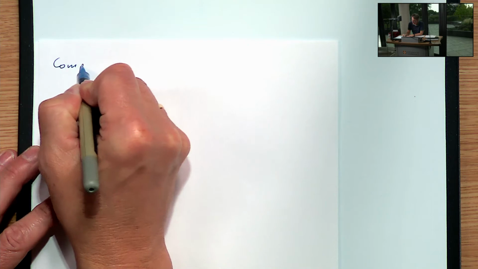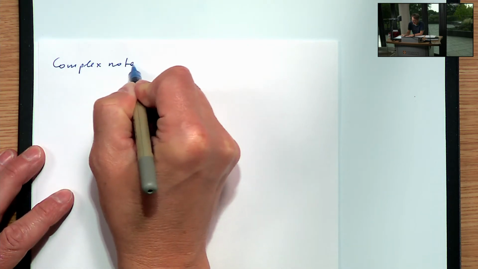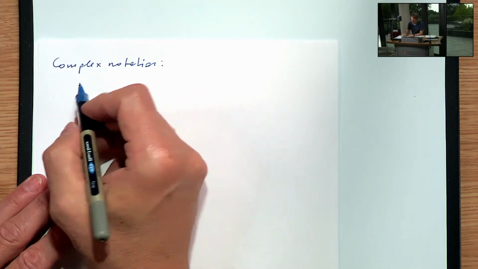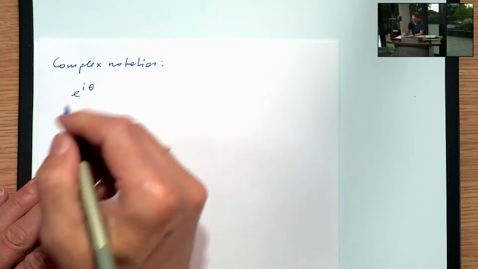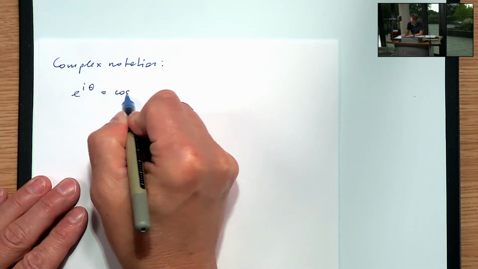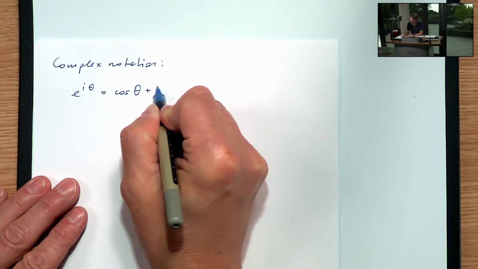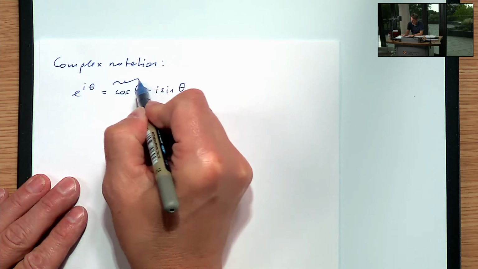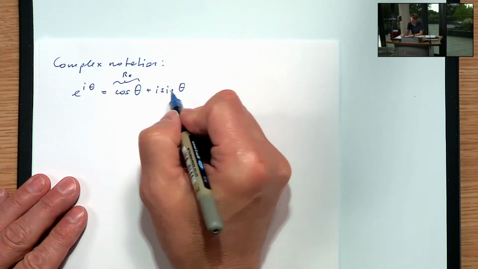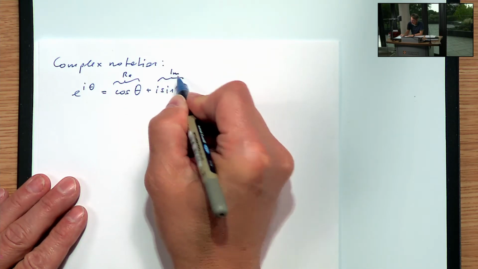The math becomes much easier, and so I will briefly recap what the complex notation is, as much as you need in this course. So the Euler representation looks something like that. e to the i theta is given by cos theta, you know this, plus i sine theta. And of course, this is the real part of this complex number, and this is the imaginary part.